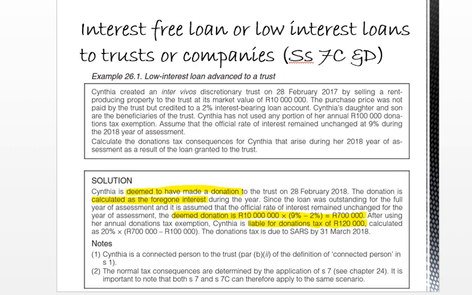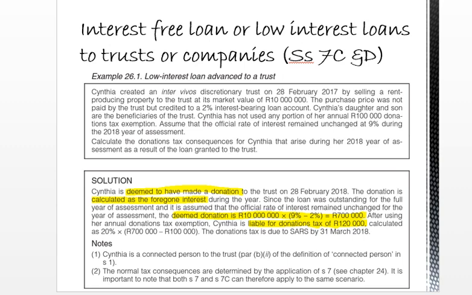Then from the 700,000, we want to subtract the annual exemption of 100,000, and whatever is remaining, we multiply by the donation tax rate of 20%. So in other words, Cynthia is liable for a donation tax of 120,000 rand. Okay.